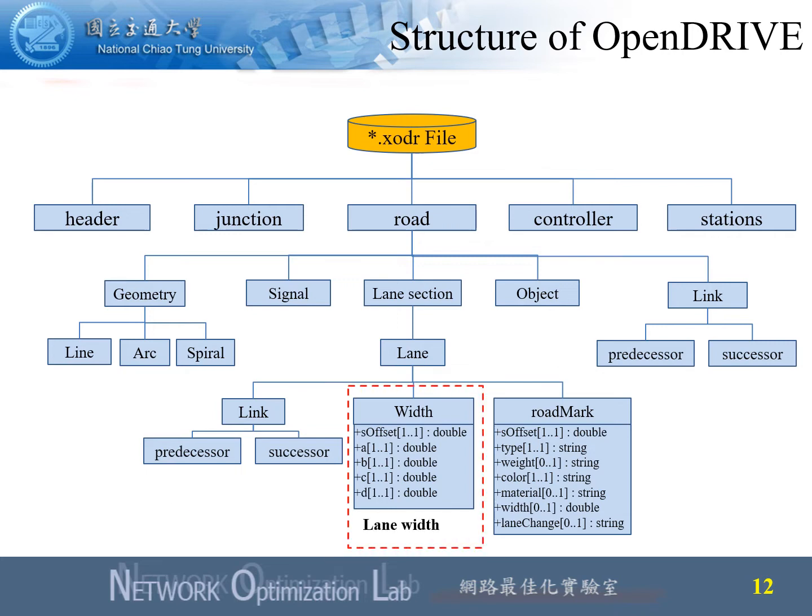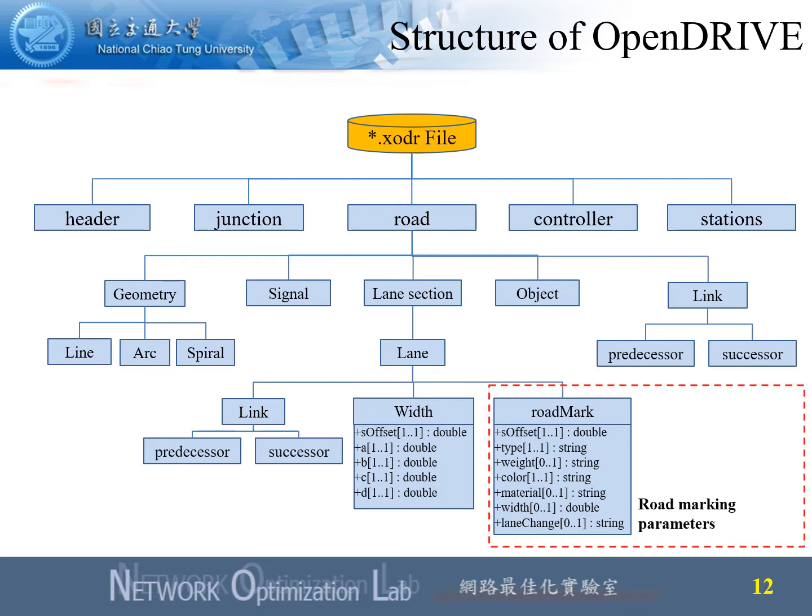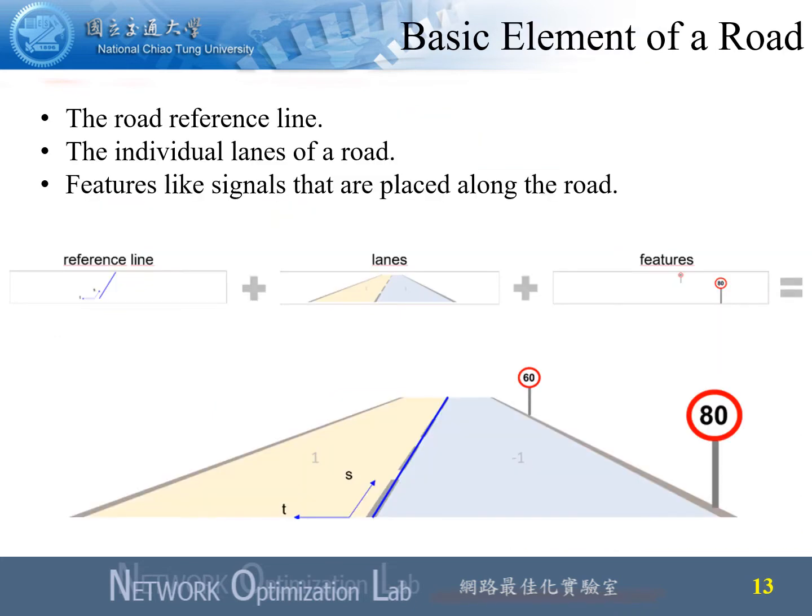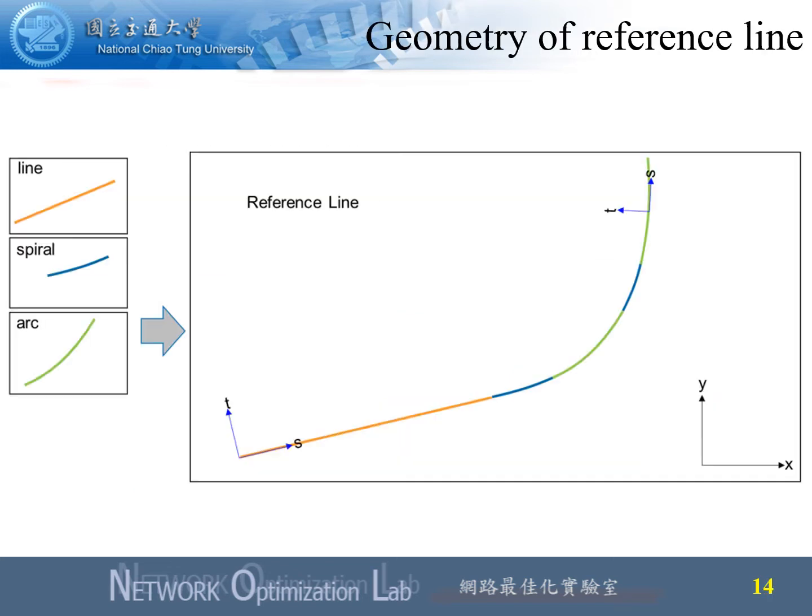Width records the lane width compared to the reference line. Road mark is the information of the line on the road. Reference line is the basic element of a road. A lane will be described based on the reference line, and the features like signals are placed along the road.